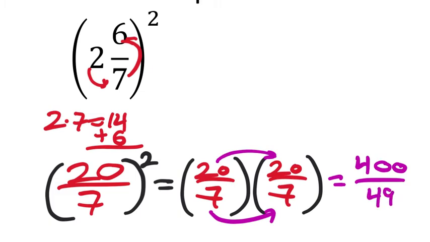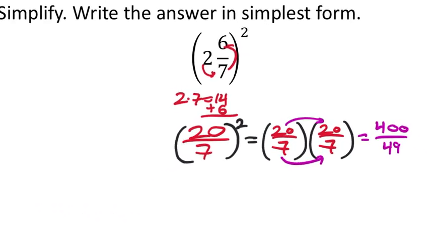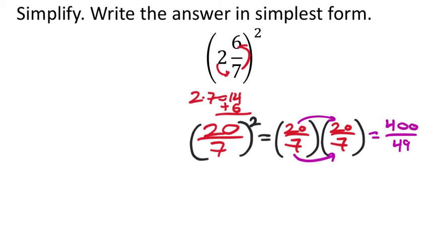Now, in the original problem, it said to write the answer in simplest form, which I've done, but just in case it wants the mixed number on this one, we'll go and figure that out. 49 into 400. Without showing the multiples on this one, it should go in 8 times. Okay.